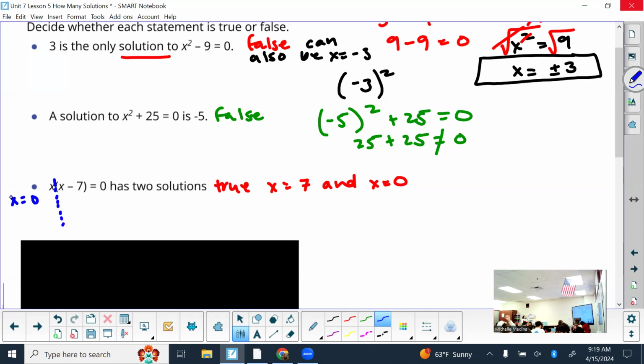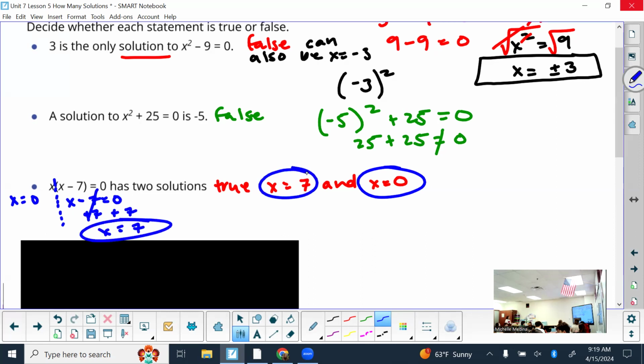We learned that if we set each factor equal to 0, we can solve them separately for what this parentheses has to be to make it 0, or this one. So the first one's not a parentheses, but when I set it equal to 0, that is one of my solutions. And then when I do some algebra on this side and solve, my other solution is that. So yeah, two solutions for that one.